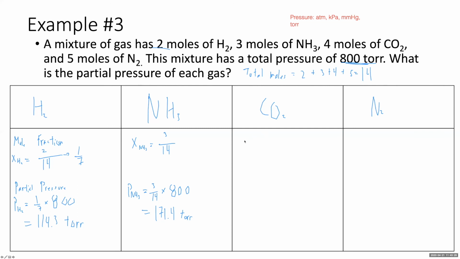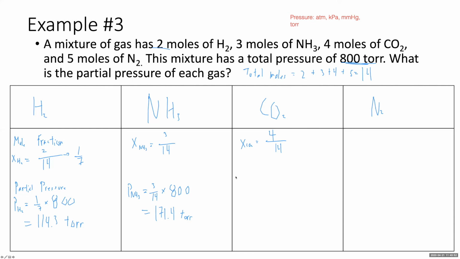The next one is going to be CO2. To find the mole fraction of CO2, we take our moles, which is 4, over 14. We keep going.